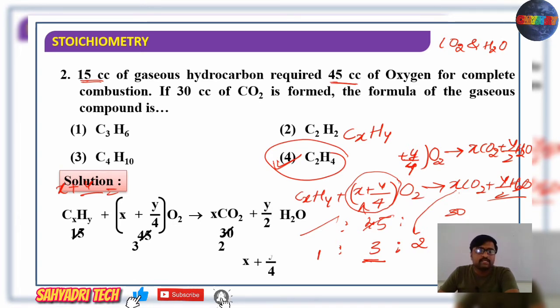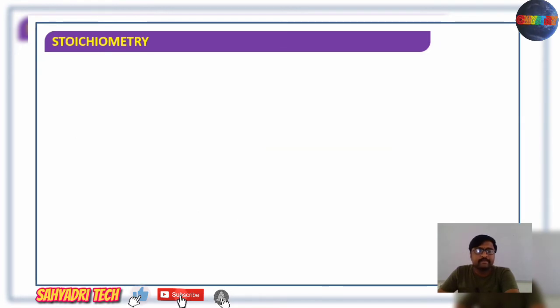So what I can say here is x plus y by 4 is equal to 3, and x is equal to 2 we got here, right? Then how can I write? 2 plus y by 4 is equal to 3. If you multiply each term by 4, it will be 8 plus y is equal to 12.